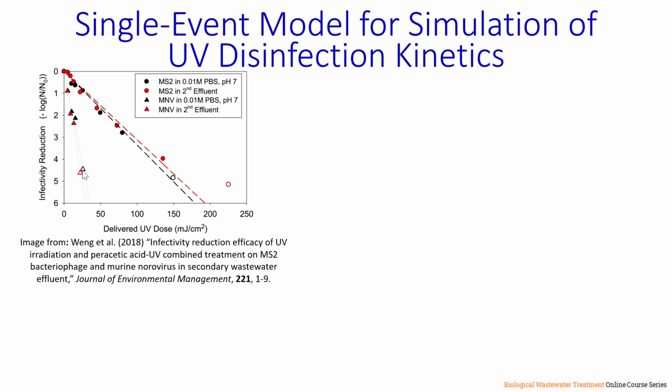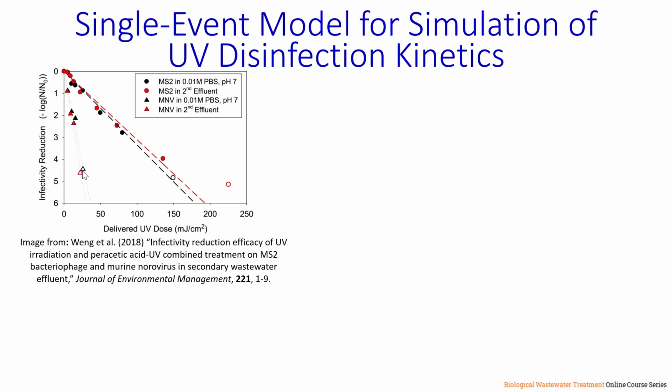As we see in this representation, in which the vertical axis is presented on a log scale, we observe first order inactivation to be evident over 4 or 5 log units of inactivation for the murine norovirus.